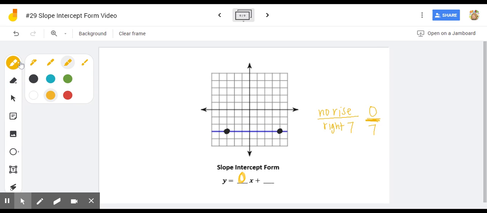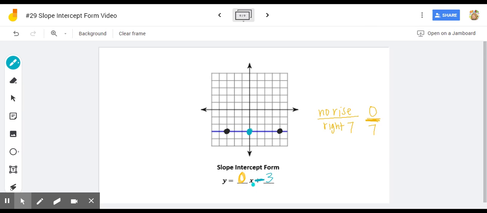Okay. And then we need to find where is our y-intercept. So we're going to follow our y-axis line until we touch our line. So we went down from 0, 1, 2, 3. So negative, not positive, 3 is our y-int. Now, guys, there's another way that we can write this line.